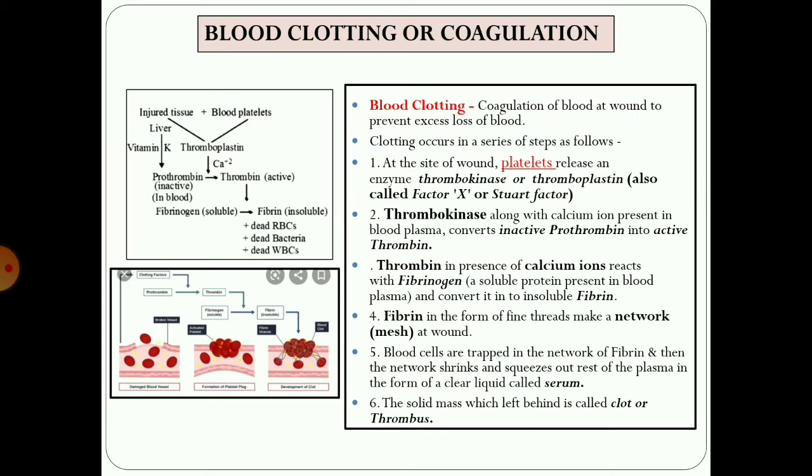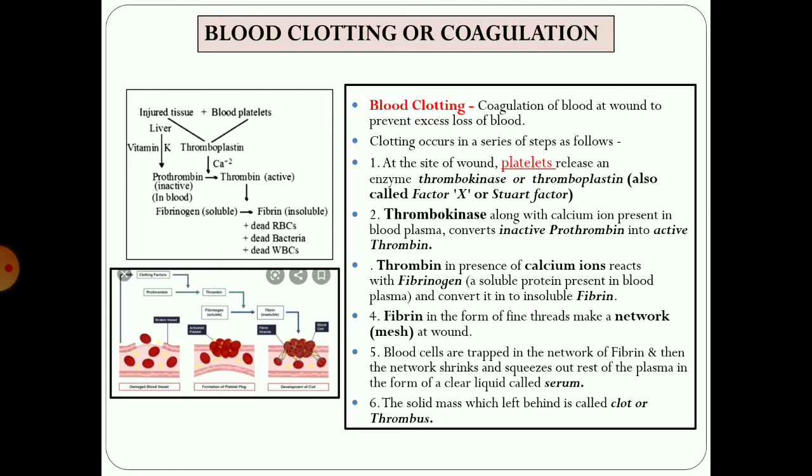They combine with calcium ions present in the blood plasma and convert inactive prothrombin, again present in the plasma, into active thrombin. This thrombin, acting together with calcium ions, reacts with fibrinogen, again present in the plasma in a soluble state, and converts it into insoluble fibrin, that is small thread-like structures.